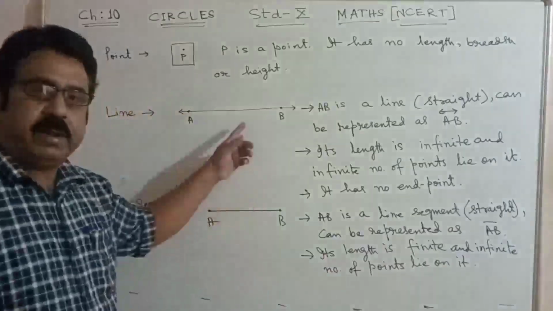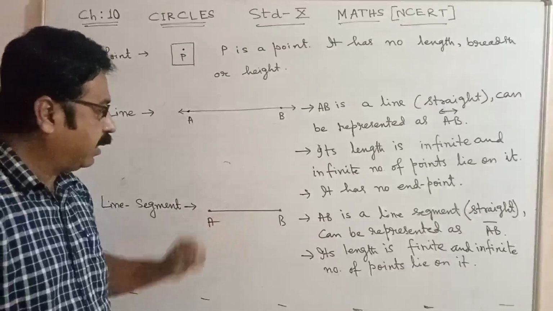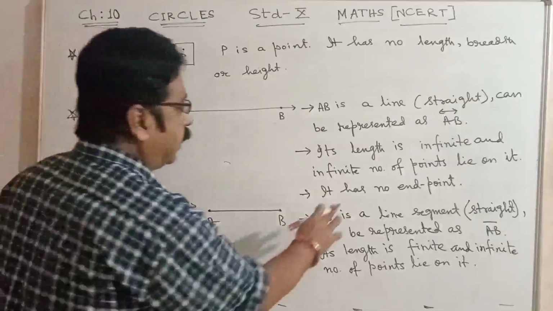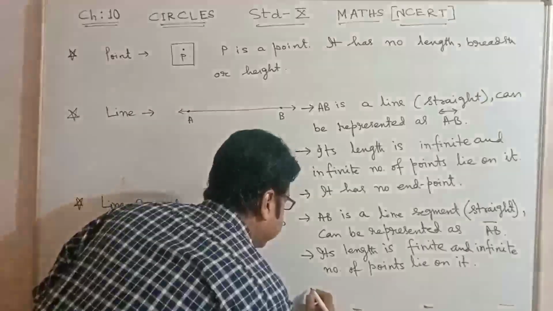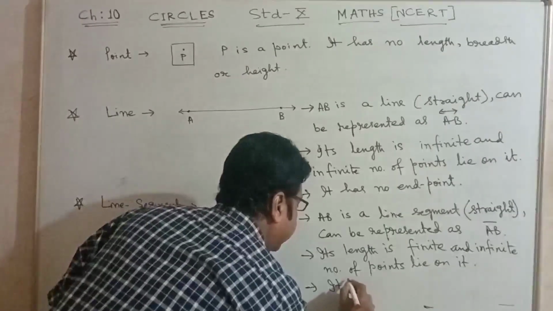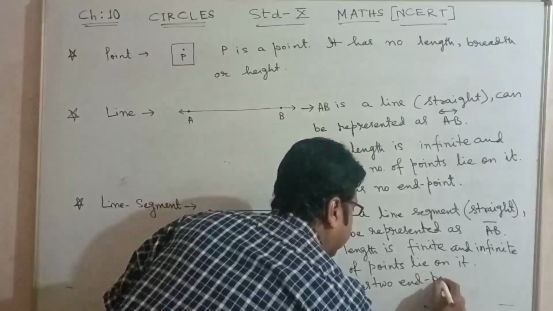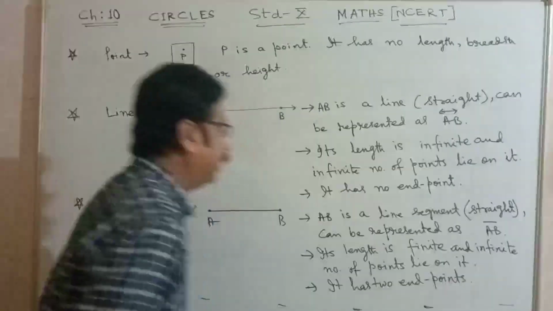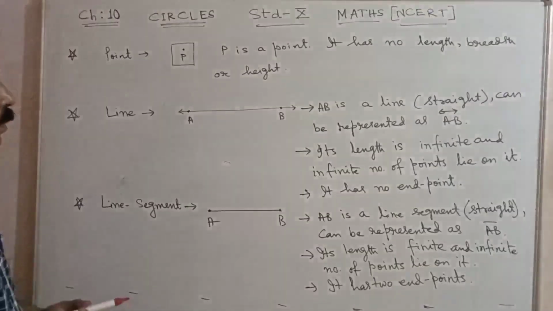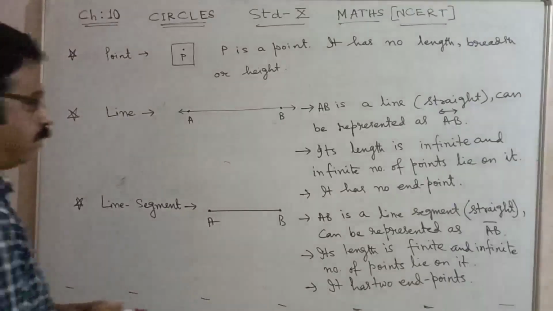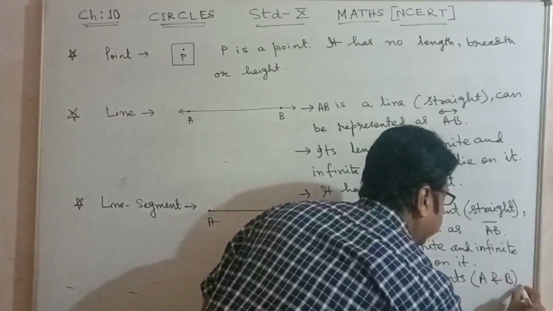This point is same for line also and line segment also. Infinite number of points lie on a line also, on a line segment also. For a line it has no end point, but for a line segment it has two end points. In this diagram it is A and B.